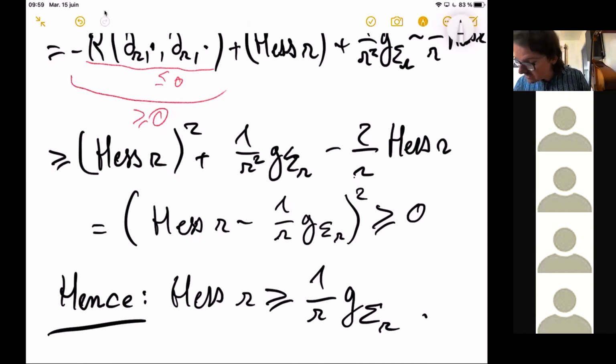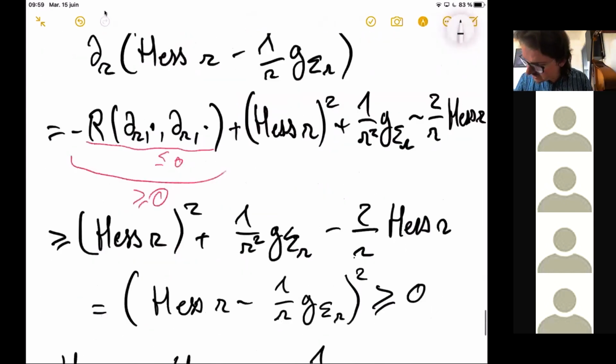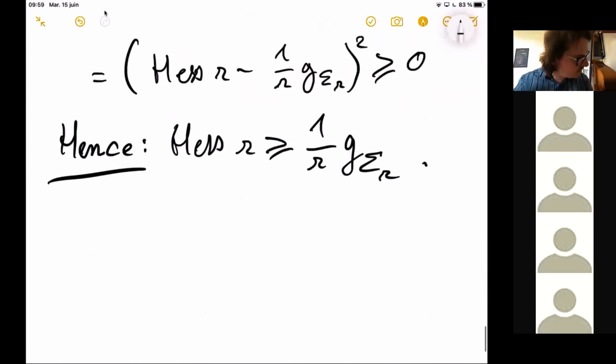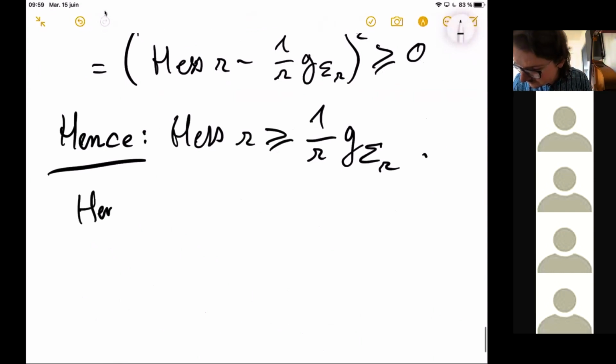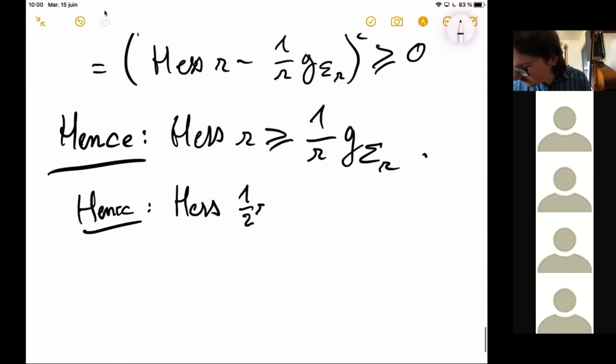Now, we have the first part, then the second part is just an easy computation. So what is the Hessian of half R squared?